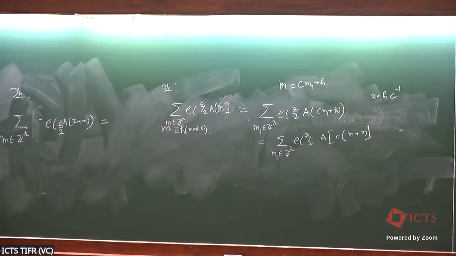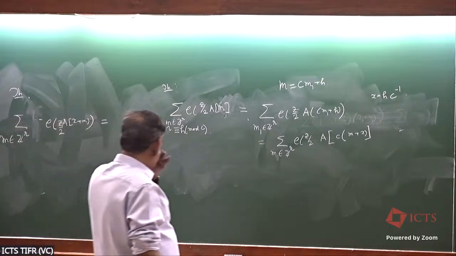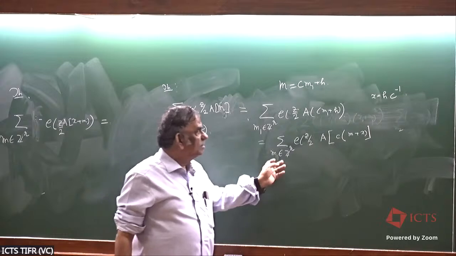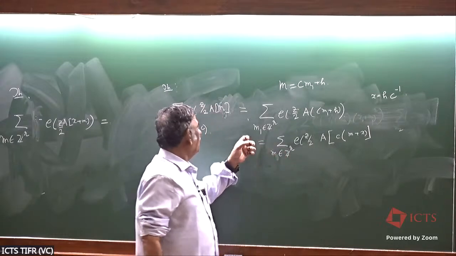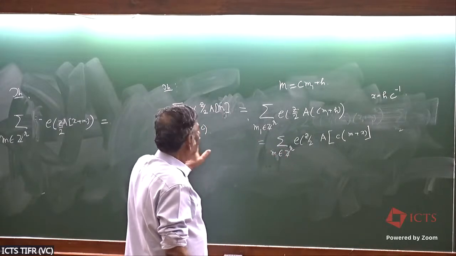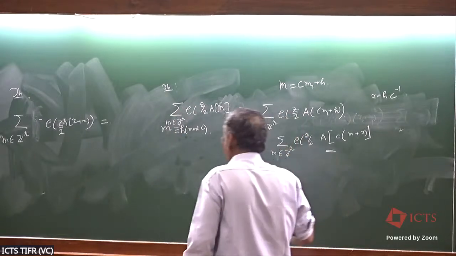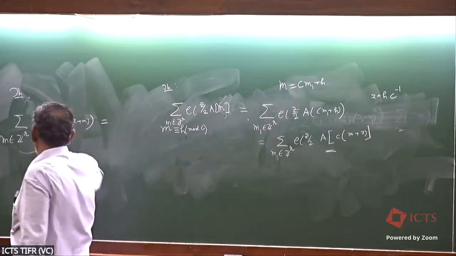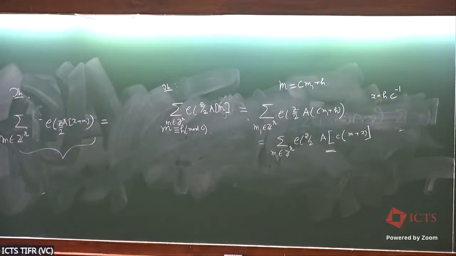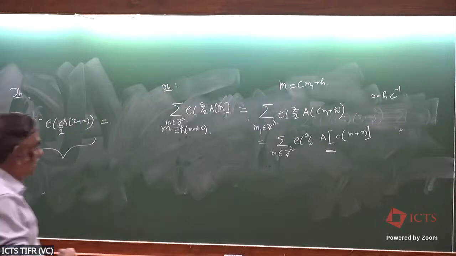And now the condition on h, the condition that m has to be in a specific residue class, only comes here. And in this generality, we have already done the formula: E of z over 2 into a of x plus m, and therefore I can now substitute.